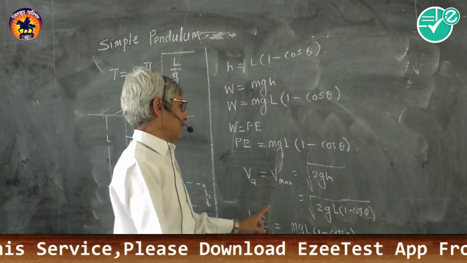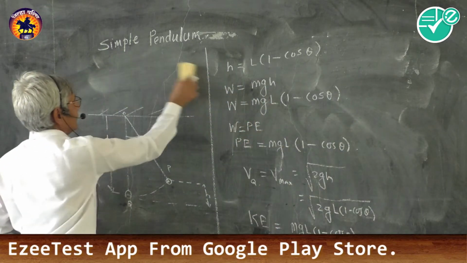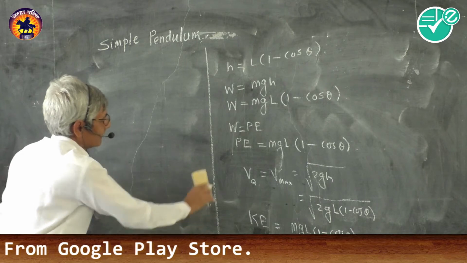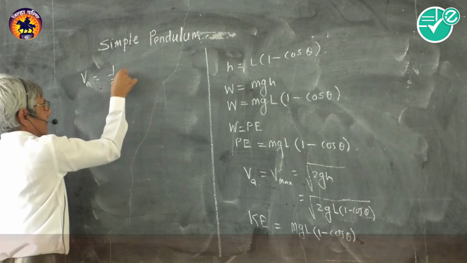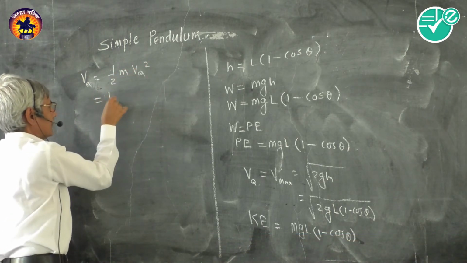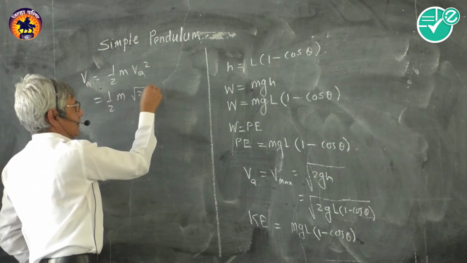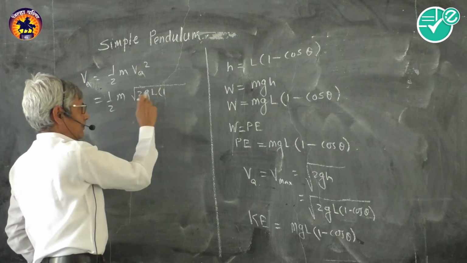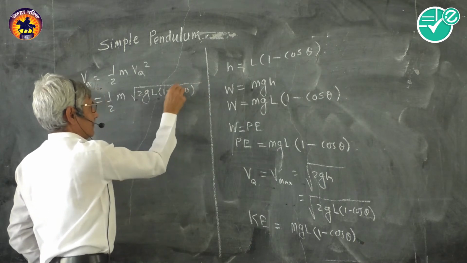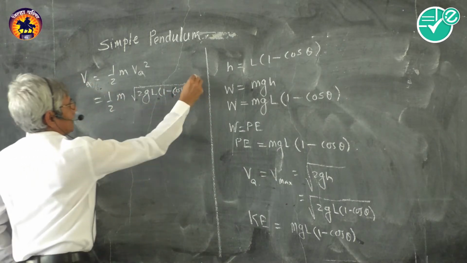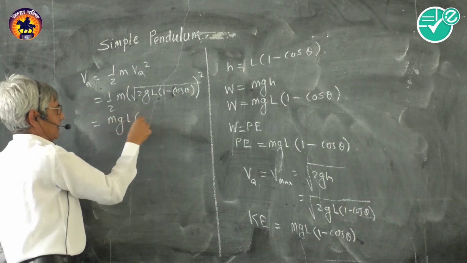This can also be found out by using half m into v square, with Vq as root 2gL into 1 minus cos theta. So it becomes mgL in the bracket 1 minus cos theta.